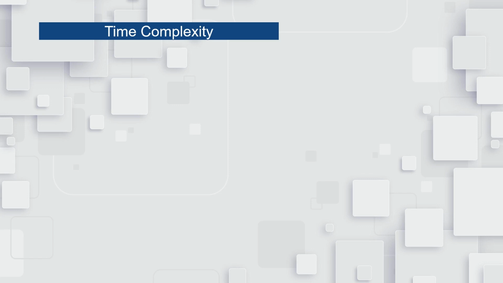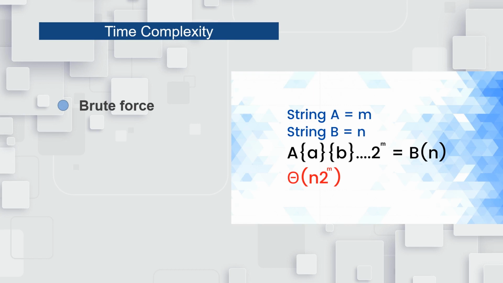So to solve the problem, we can go for the brute force method. Here we take all the possible subsequences from A and then compare them with B to find the longest common subsequence. But this method has a major flaw, that is the time complexity.